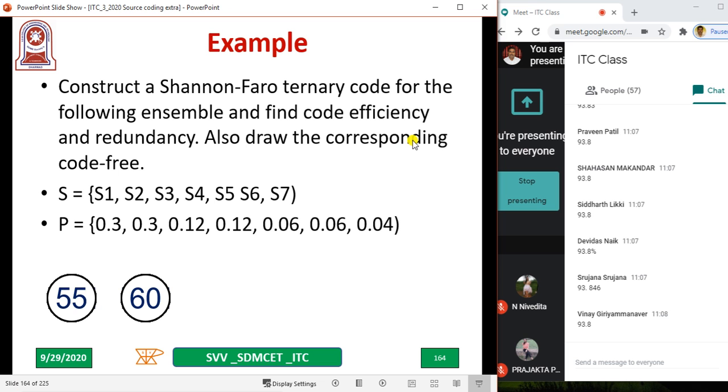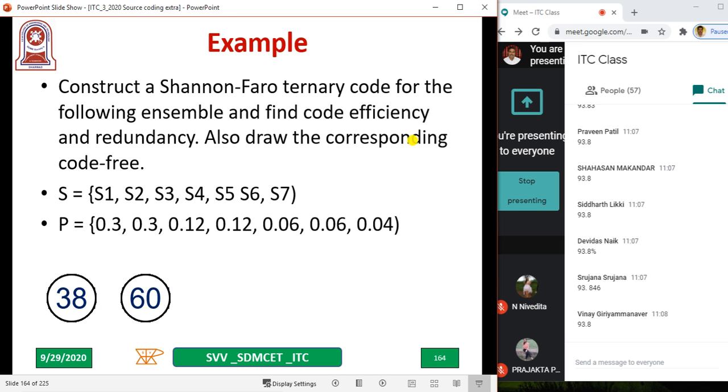Probabilities are 0.3, 0.3, 0.12, 0.12, 0.06, 0.06, 0.04.